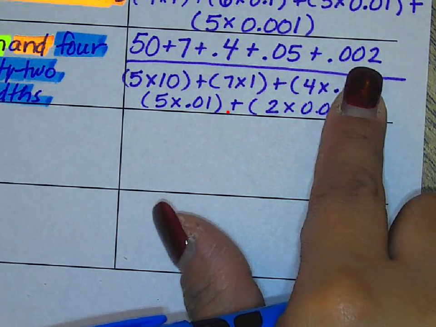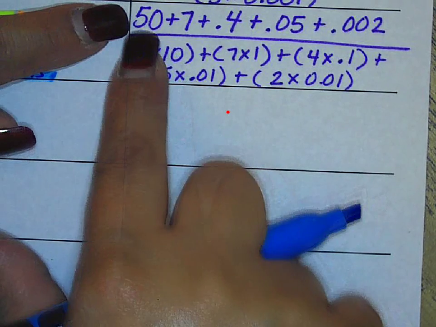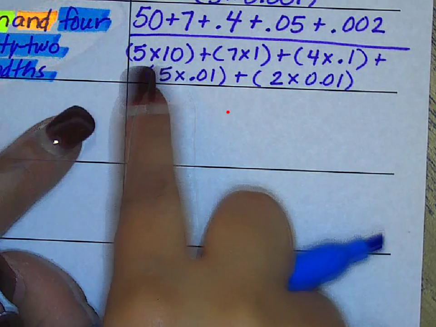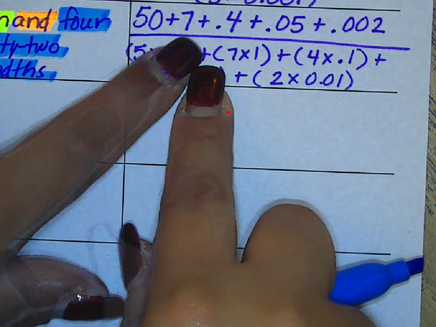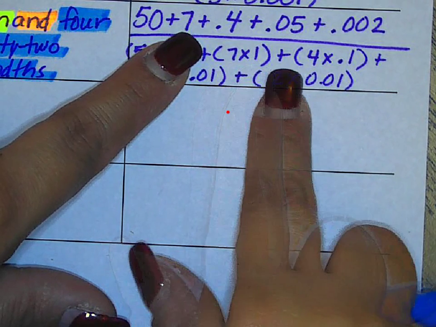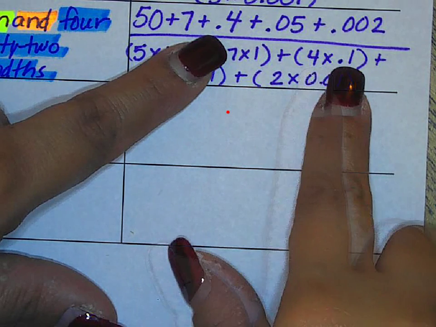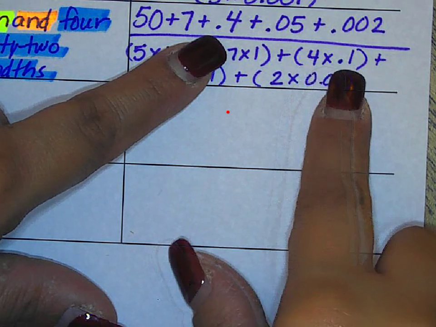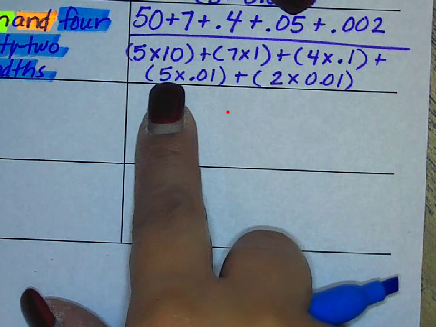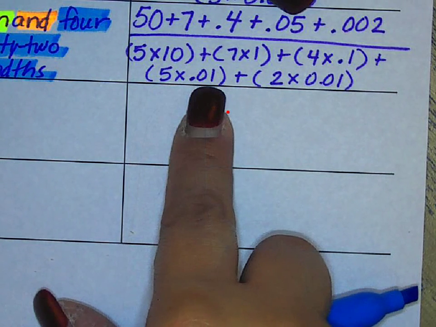452 thousandths? Yes. When I look at expanded notation, this 50 means that I have 5 tens, 5 times 10, plus this 7 means that I have 7 ones, 7 times 1, plus this 4 tenths means that I have 4 of the tenths, 4 times 1 tenth, plus the 5 means that I have 5 hundredths, 5 times 1 hundredth.